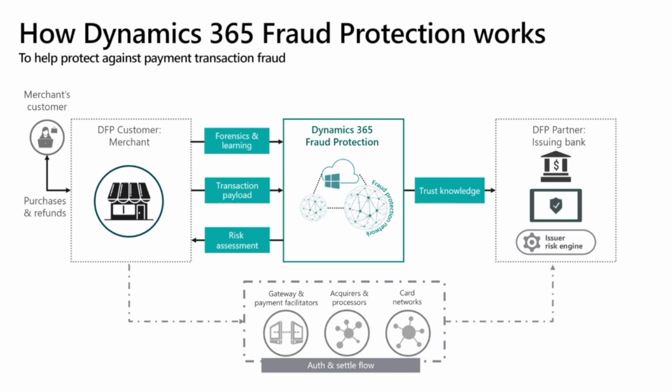Now, there's a small box up there called forensics and learning. One of the things that we collect in addition to the transaction payload that a merchant sends us is device information. So we have also built in the product a device fingerprinting solution. It provides additional capabilities around the actual device that is making the call.